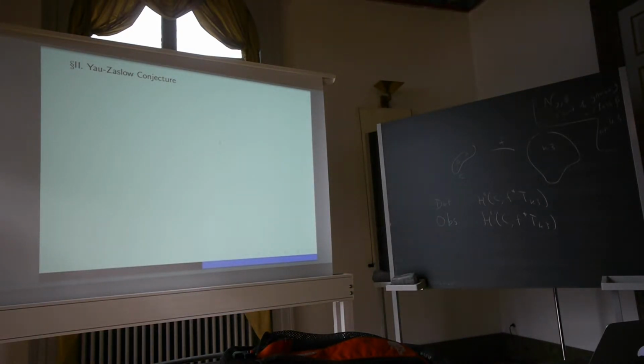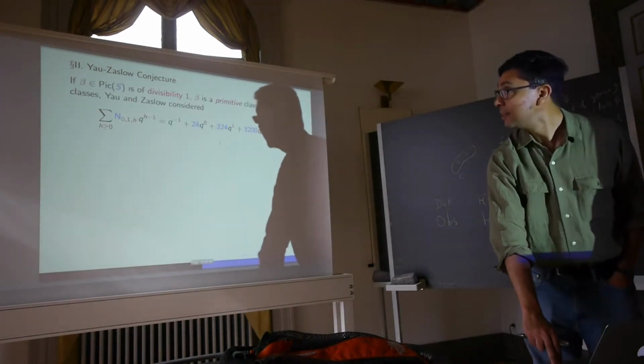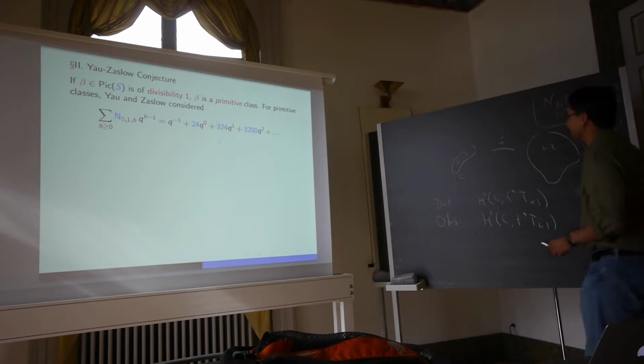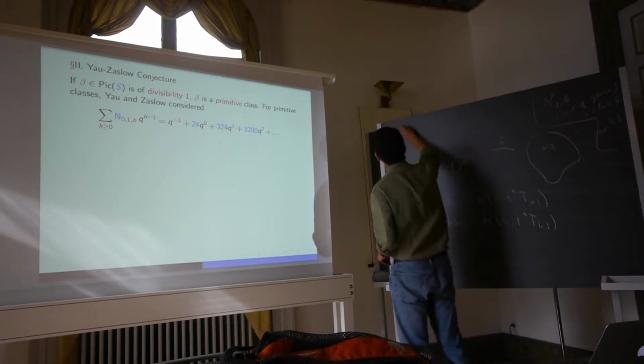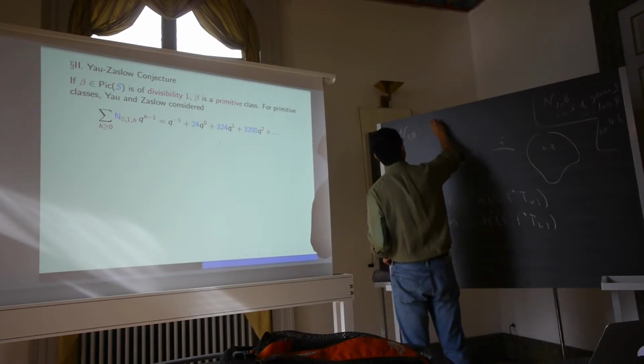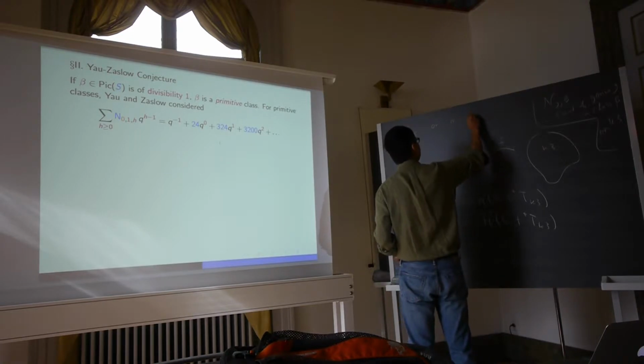The first part of this is the Yau-Zaslow conjecture, and this comes from the mid-90s. It comes from the simplest aspect of this problem. So here, I write it here so you don't forget it. We can write this N_{g,beta}, or you can write it if m is the divisibility of beta.